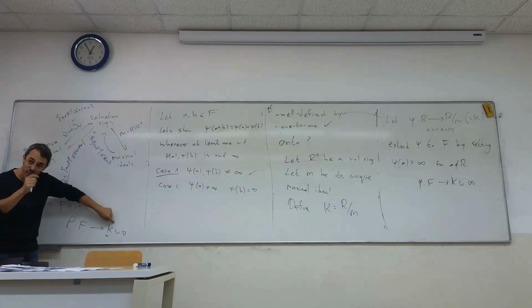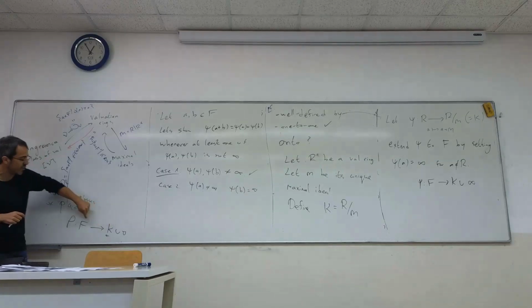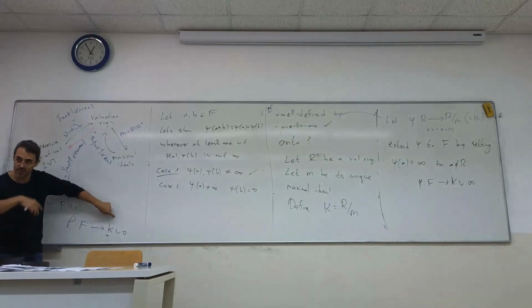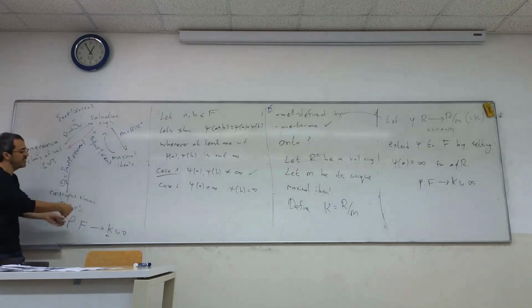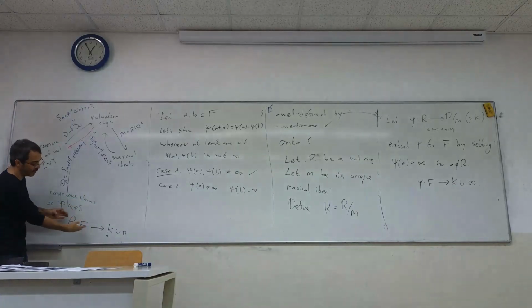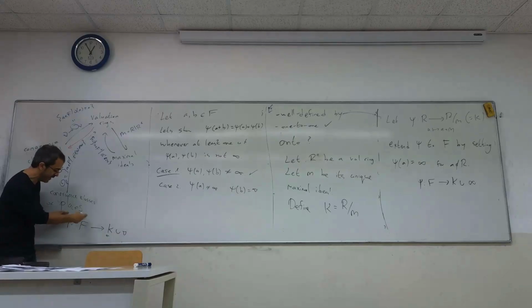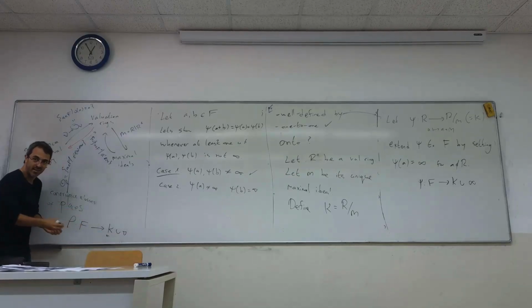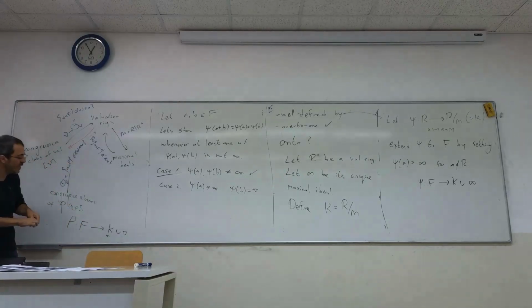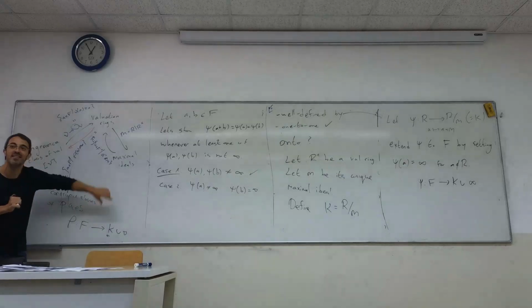Having said that, the residue field doesn't care about K, just the evaluation of psi at F, excluding infinity. So the residue field is intrinsic to F, but in K you can add weird elements and never send any function to them. So what I'm doing there is actually taking the residue field as the right K in the definition.